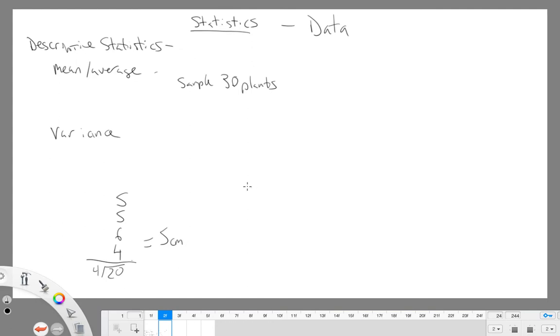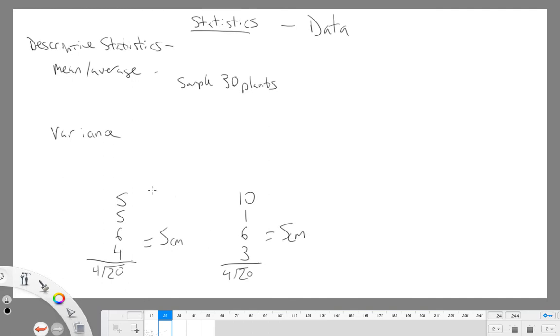We can also have something like this. 4 plants, 10, 1, 6, and 3. We add all these up, 10, 11, 17, 18, 19, 20. Divide by how many we have, 4, and again, we have an average of 5 centimeters.